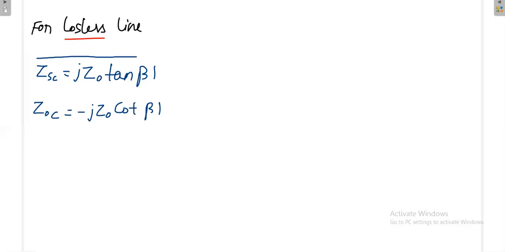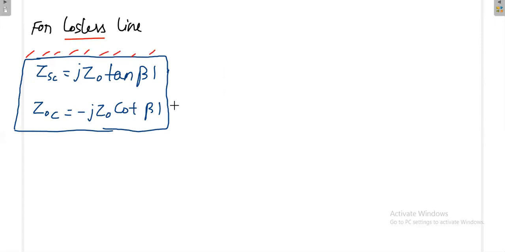This is something you should remember always for the lossless line formula. Even if you don't remember the ordinary formula, no problem, but you have to remember this always. This is most important. In the exam, 99% you will get a question based on this only.